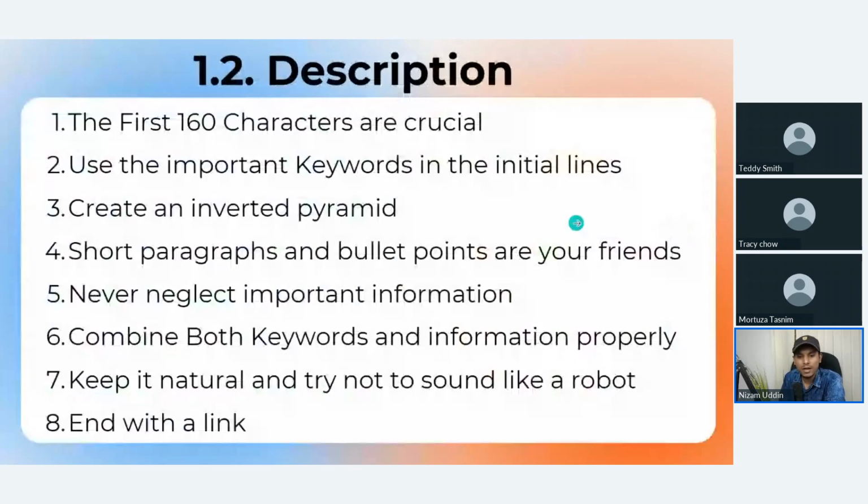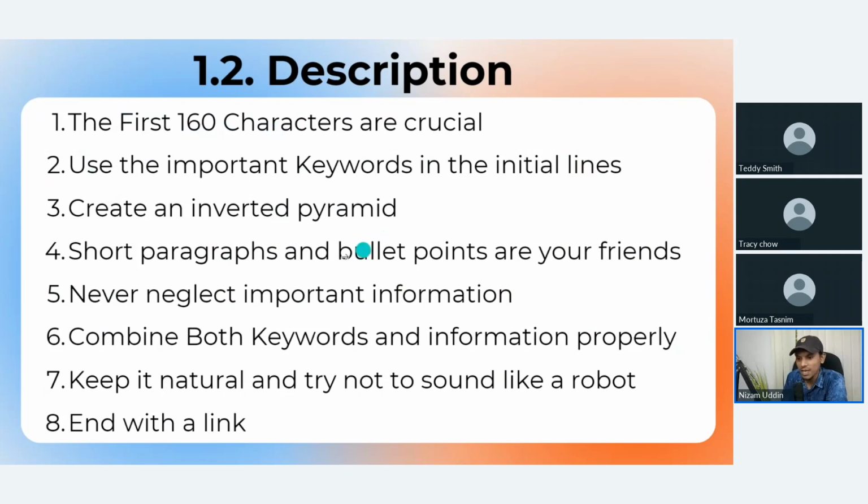In the description, there is no particular character limitation, but the initial few characters are very important. For example, the initial 160 characters are very important. Within these character limits, you should utilize your product information properly using keywords. You should input your main keywords and main important points within these limits. And then create an inverted pyramid.